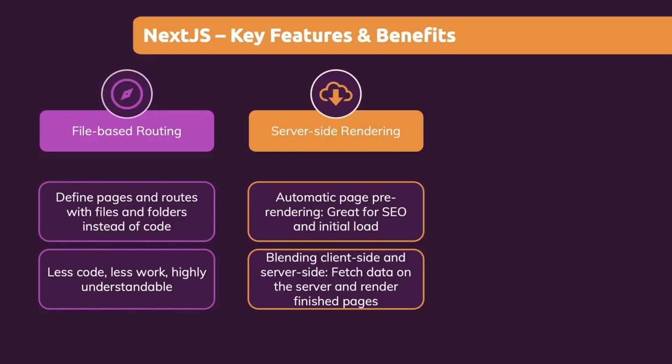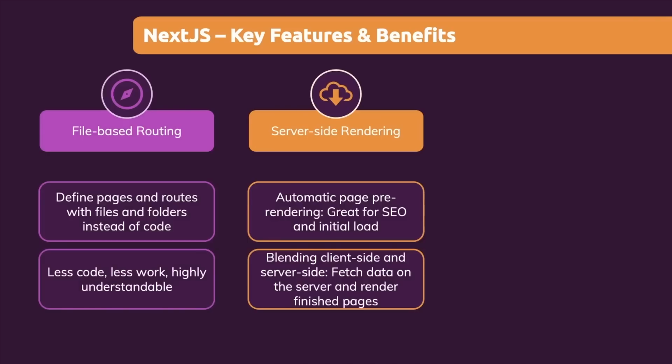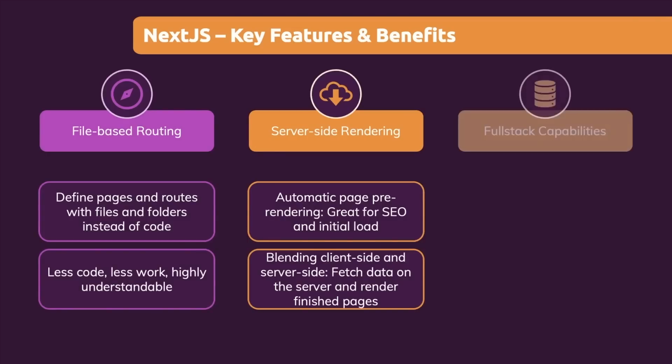Now, Next.js has more amazing features, but the last key feature, which I want to point out here, is the feature which is most important for me labeling Next.js a full-stack framework. Because Next.js also makes it easy for us as a developer to add backend code to our React project.